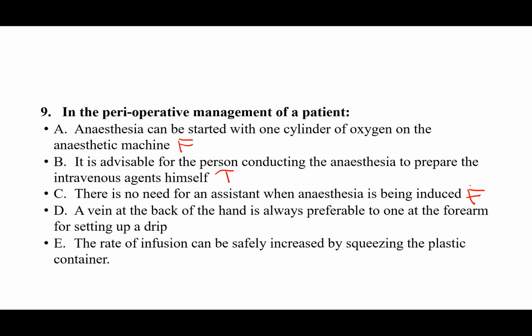The vein at the back of the hand is always preferable to the one at the forearm for setting up a drip. True or false? False. Why is it false? The veins at the back of the hand are prone to vasoconstriction quickly, so the ones in the forearm are more preferred.